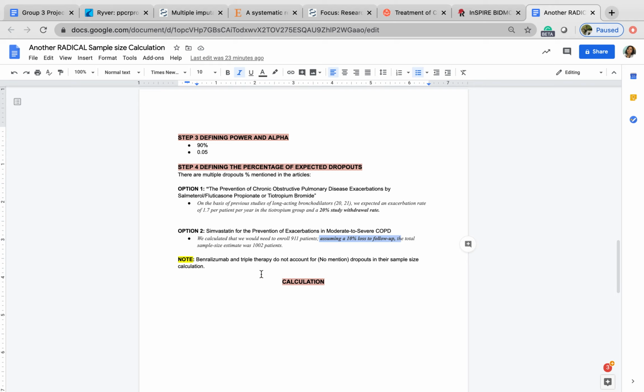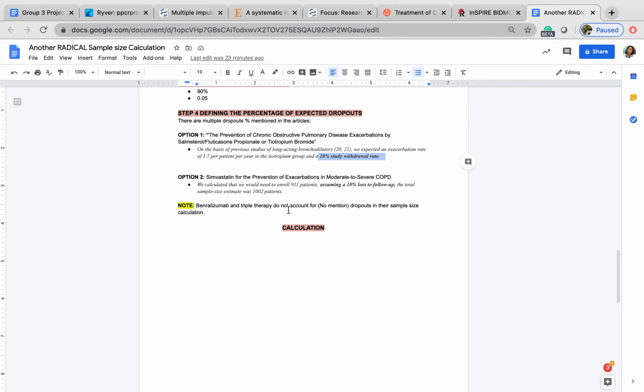The article that I just showed you and the one that we use for our definite conclusions in the draft, neither of those mention how much dropout they had. So we decided to go for a 20% withdrawal rate because these patients are taking too many medications daily and they have a lot of comorbidities, so the probability that they will drop out or not come to follow up is very high.